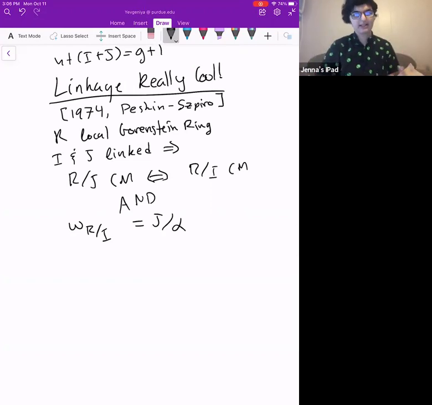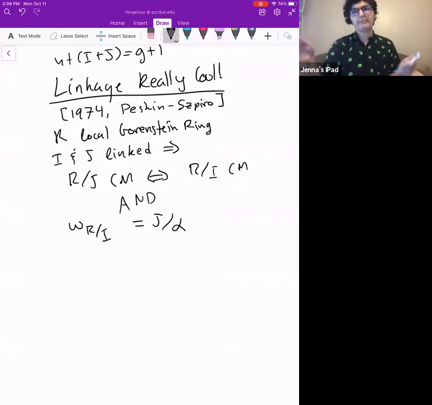So this is really neat because it tells us that if we know the Cohen-Macaulay properties of one ideal, or if we know something about one ideal, we can know the Cohen-Macaulay properties of the linked ideal, we can know the canonical module, and that has a broad variety of applications. And another cool thing about linkage is that we generally know the generators of a link.